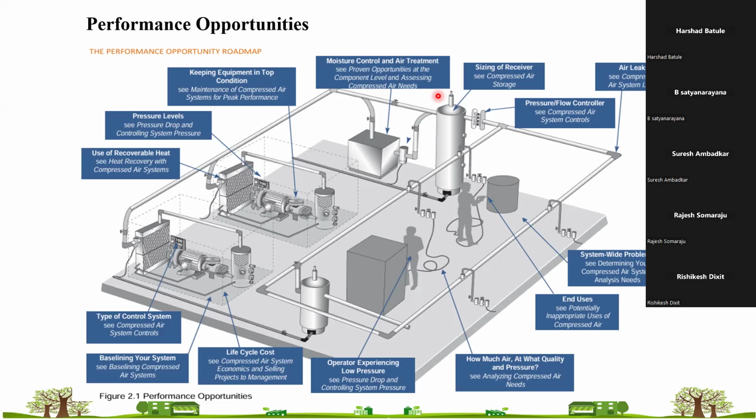The size has to be enough to store the 1 minute air delivery from the air compressor. Sizing is very critical. Then multiple buffer tanks have to be there in large scale plants. Then pressure flow control, like calibration of pressure controllers and flow controllers has to be done.